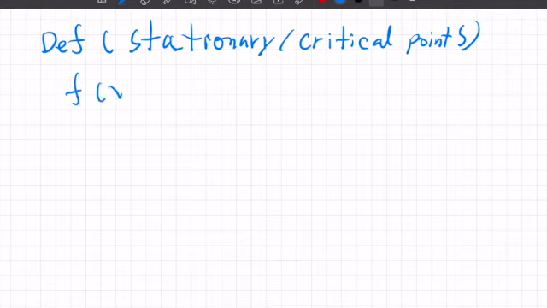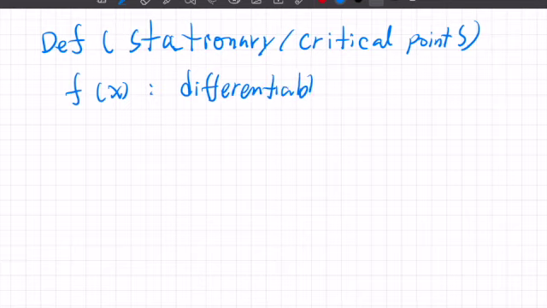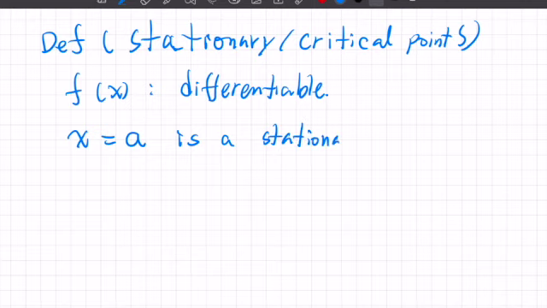Let f of x be a differentiable function. And we say the point a is a stationary point, or critical point. Either one is okay.